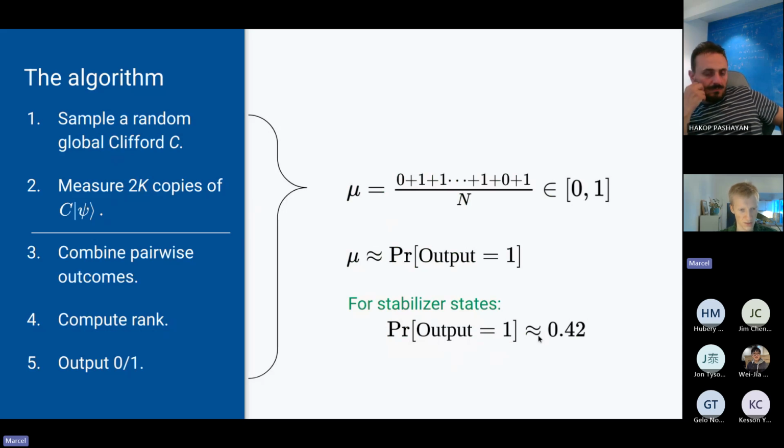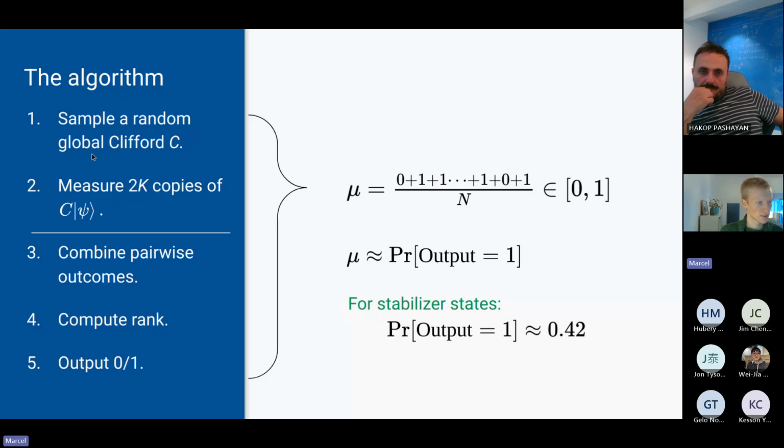And that number is roughly 0.4, which is what we had on the slide before. How can you see this? Well, first of all, if your input state psi is a stabilizer state, and you're applying a random global Clifford to it, then you've basically already randomized over all stabilizer states. So that explains why the value is the same for all stabilizer states.